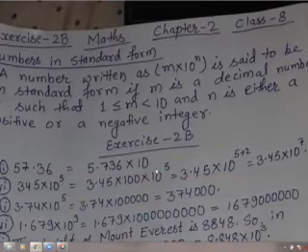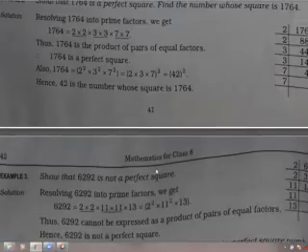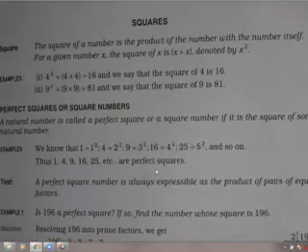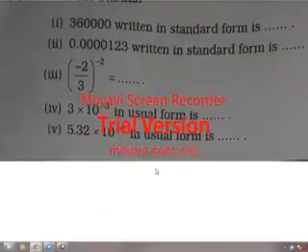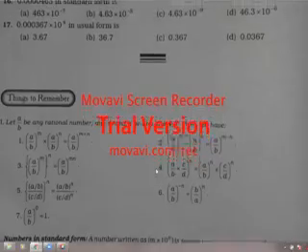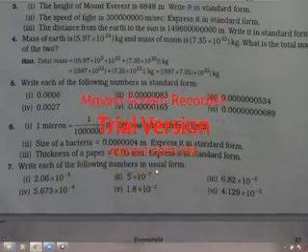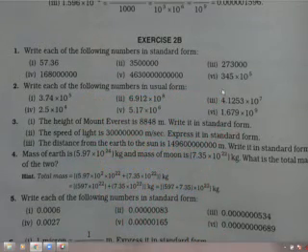If you see question number 1, sub question 6, it is 345 into 10 to the power 5.